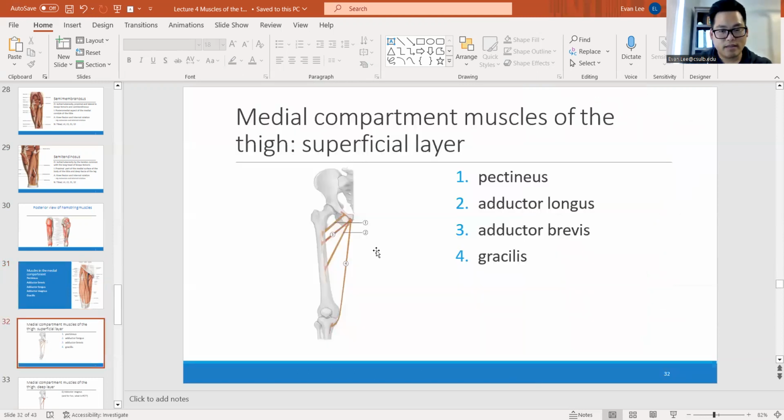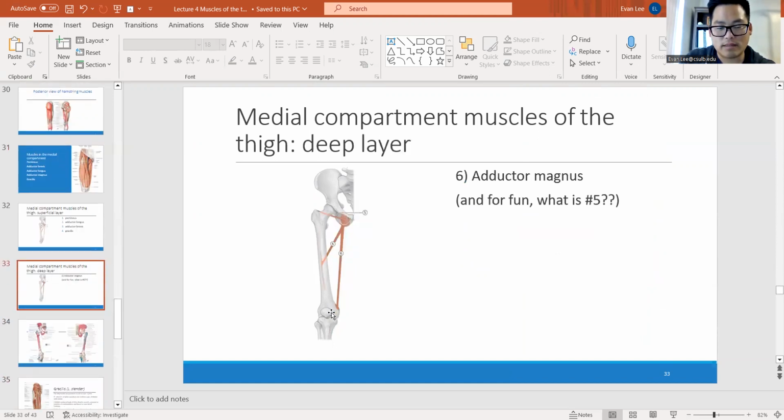So to start off, you can see most of your adductors here with pectineus over here, as well as adductor longus over here, and adductor brevis over here. So longus is longer, brevis is a little shorter. Gracilis is the really long one, going all the way down from the hip to the knee.